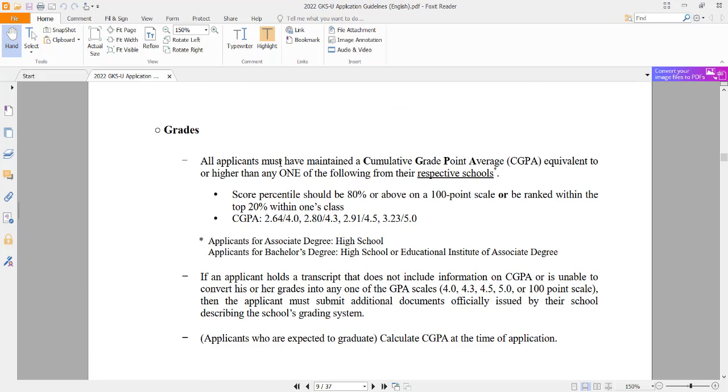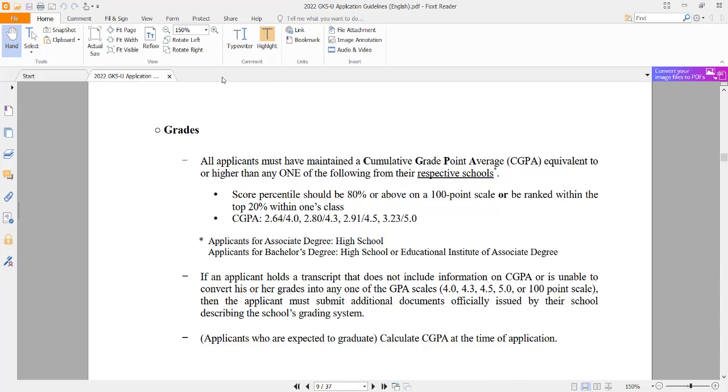Now the other aspect people ask about is the grades. As you can see, there are certain requirements, and there are 3-4 categories of GPAs mentioned, and you need to work on everything.